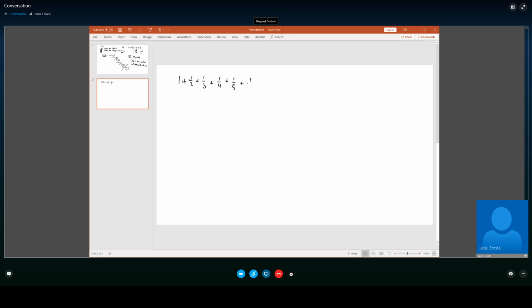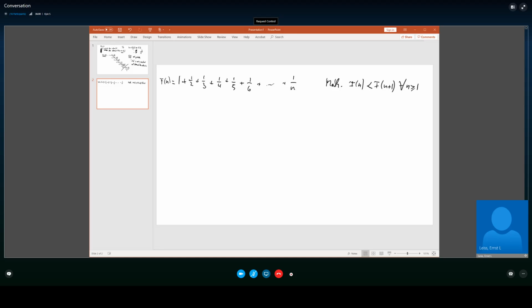This is very similar to the logarithm. So we go 1 to n, and let's just call this f of n. Now, mathematically, it is obvious that f of n is always strictly less than f of n plus 1 for all n greater or equal to 1.